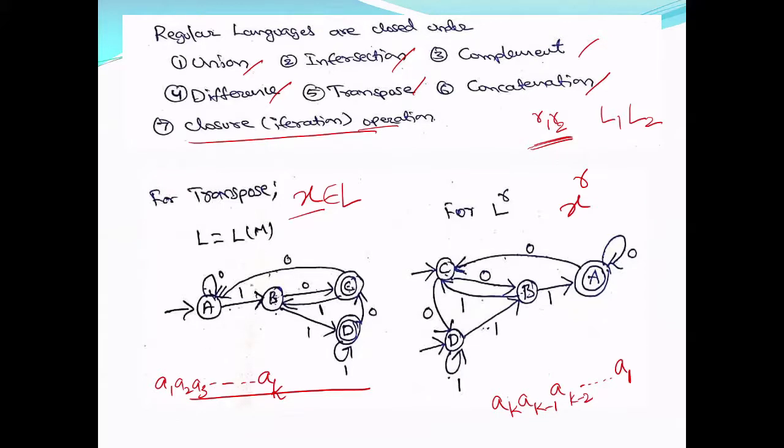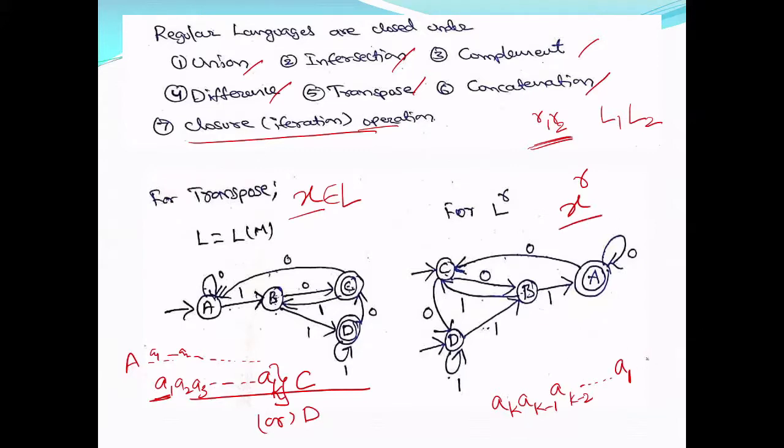Right. So if X is processed in your M, that is the given FA, it starts reading your X from A1 and it starts in A, then after A1 it will go to some state, after A2 it will go to some other state, and when it reaches AK, it will reach one of the final states, C or D. It depends upon the string which you have given, so it ends in C or D. Now in the transpose of this language, the reverse of X should be accepted.